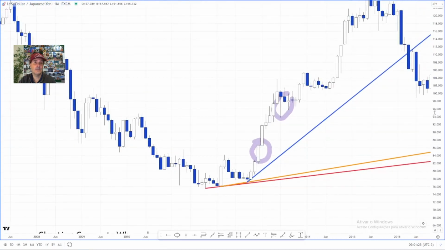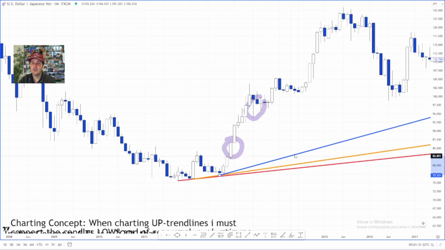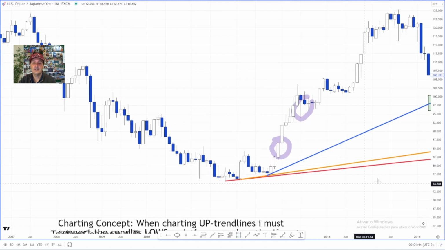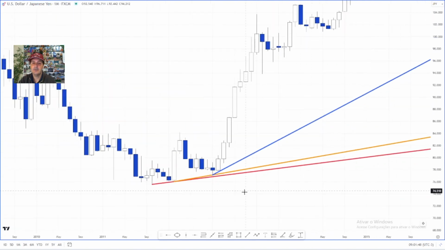I need to play a little bit with the chart and test the trend line, but I'm going to connect the low with this low in here, all right? Give me a second. So I connected the blue trend line with this low of the blue candle. I'm going to zoom in and be very specific about it.